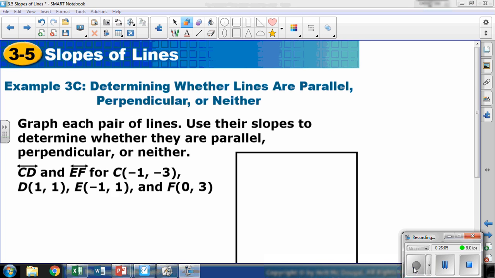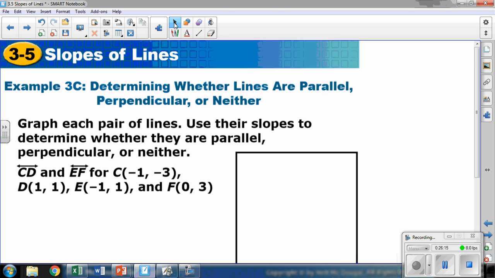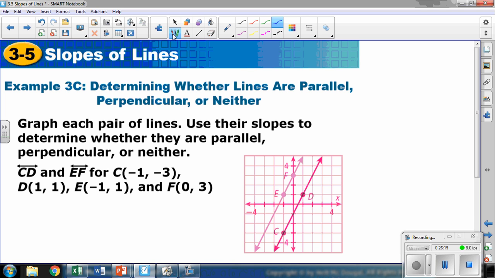And now take a moment, graph those four points. After checking people's work, what we're seeing: the point C, (-1, 3), would have been left 1, down 3. 1, 2, 3.